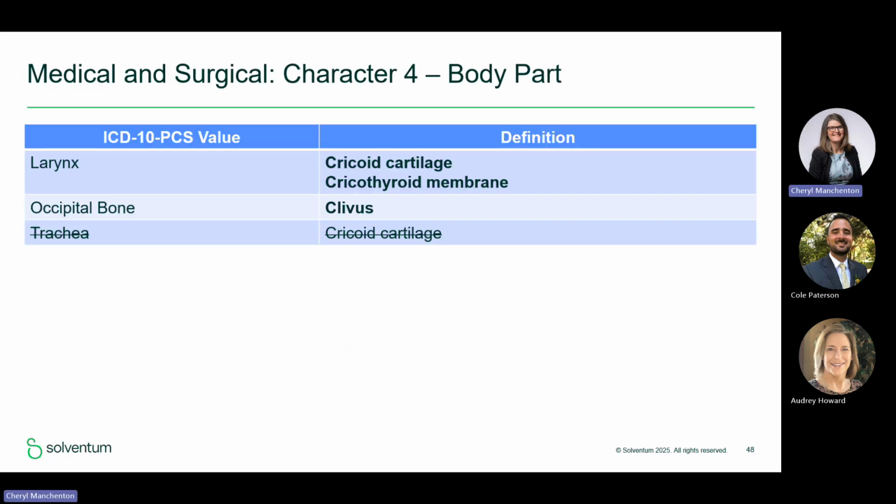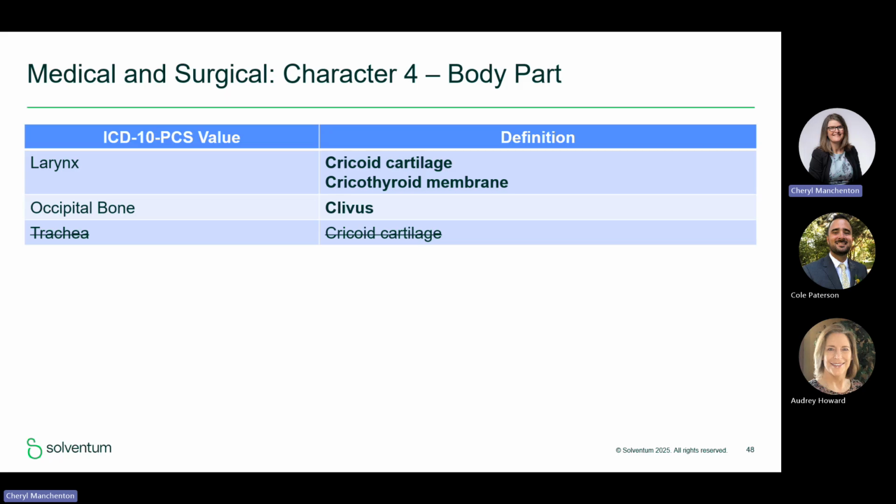Also, to make it easier for some of us who may not understand where the cricothyroid cartilage or membrane is, they updated the PCS code book where we talk about this body part, goes to this PCS value. So, moving it away from the trachea, which again was clinically wrong, to the larynx, for those that don't have the slide deck handy and aren't certain where do I go with this.